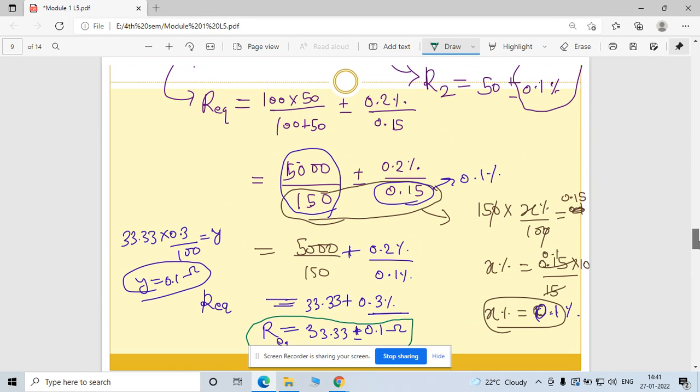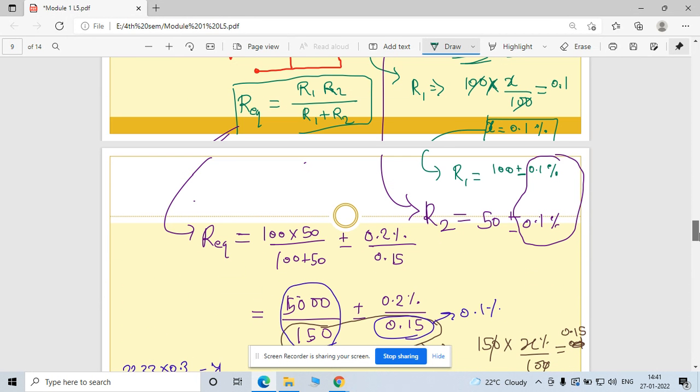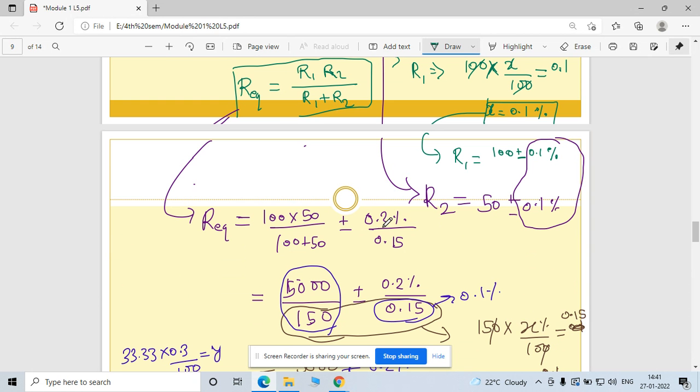Now, yes guys, you need to take care of this concept. When you multiply these two terms, the error given to you must be in percentage type, then only you can add that error.